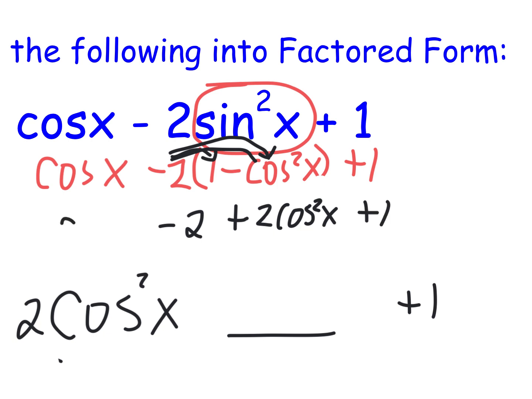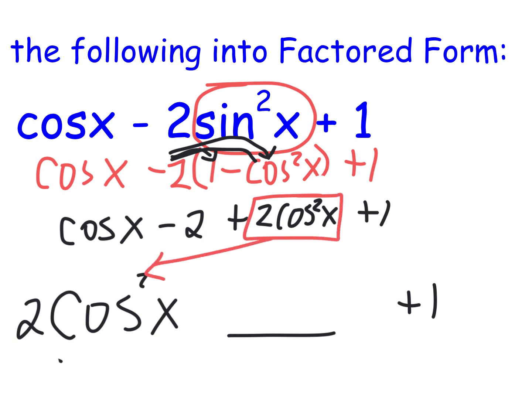Just do one thing at a time. This goes to the front. That 1 is going to also need to go with this minus 2 here. In fact, let's just put them together.